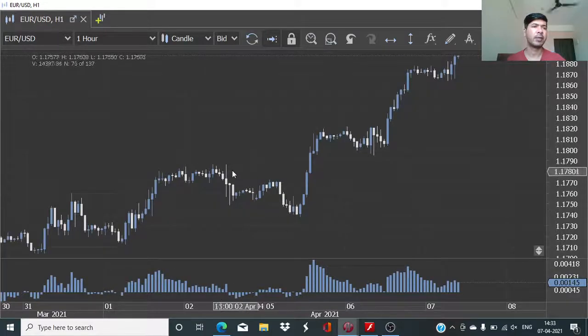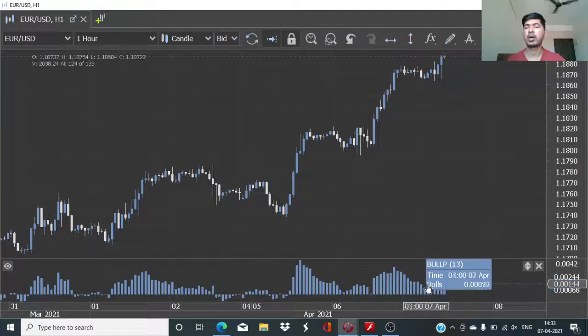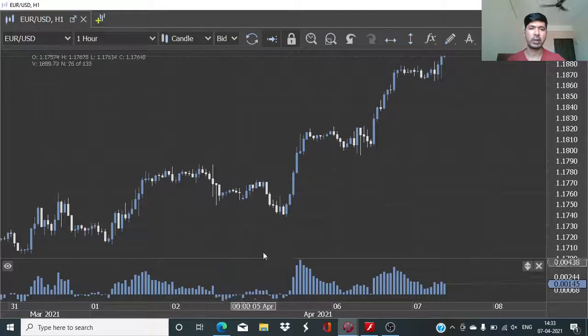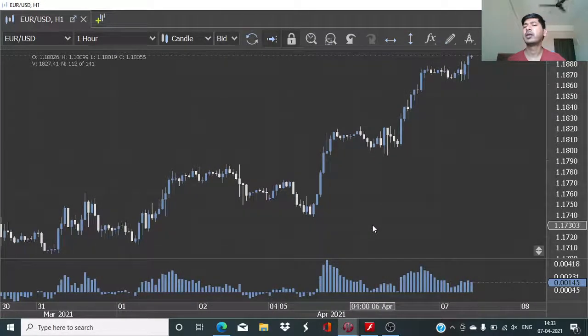So this is the EURUSD chart on the hourly time frame, and I have plotted the Bull Power indicator at the bottom, so you can see. And as the name suggests, it gives you an idea whether there is enough bullish momentum in the underlying instrument.